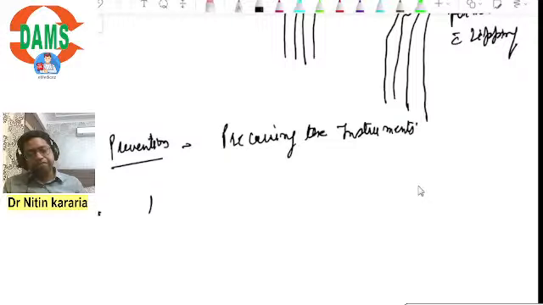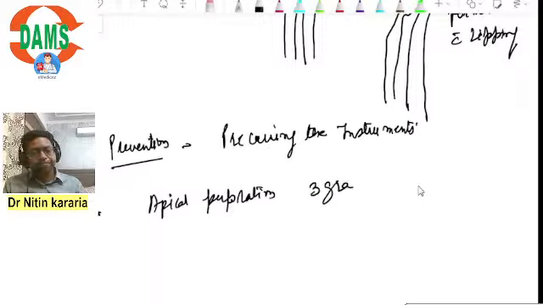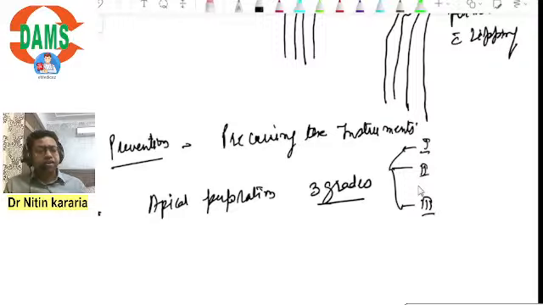Apical perforation can be of 3 grades: 1, 2, and 3. First is the simplest or least severe one, which requires renegotiation of root canals with larger files.